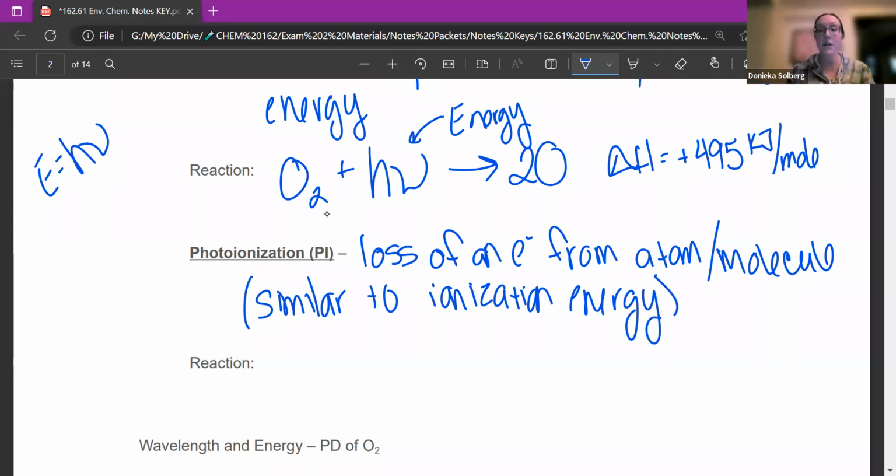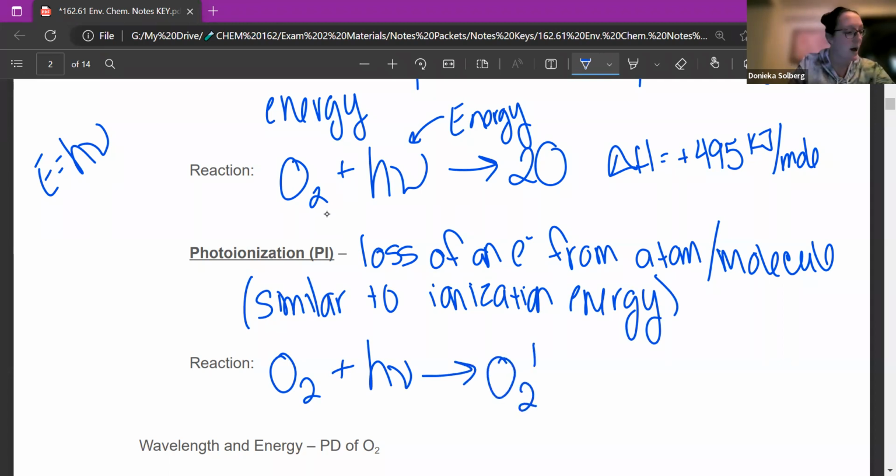Okay, so the reaction for this one is going to look like this. I have an oxygen molecule, and it's going to absorb some amount of energy, whatever that energy may be. And instead of breaking it into two oxygens, it's actually going to take an electron off. So now it's O2 plus and one electron, also a weird looking molecule, right? We've never seen anything like this.